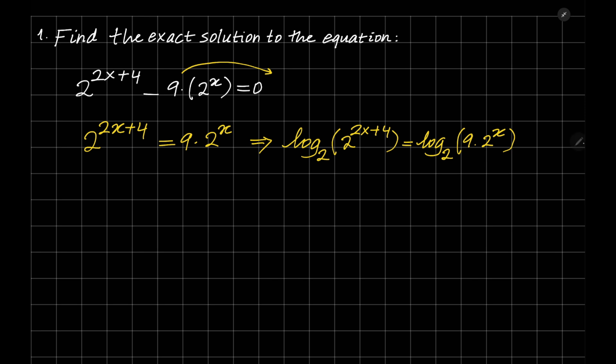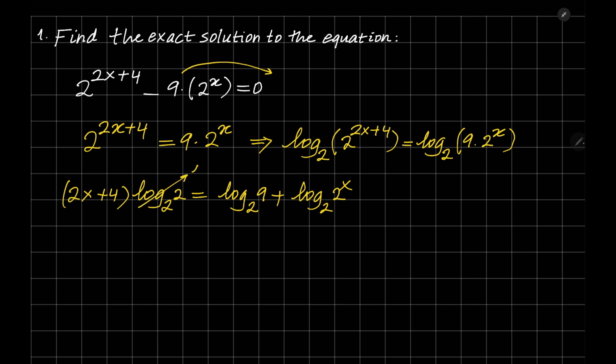It's equal to 2x plus 4 times log base 2 of 2, which is equal to log base 2 of 9 plus log base 2 of 2 to the power of x. We know that log base 2 of 2 is 1. This part is 1.